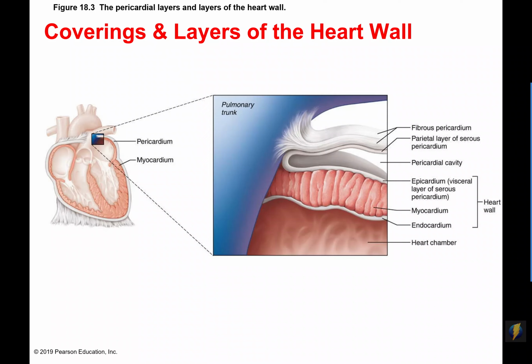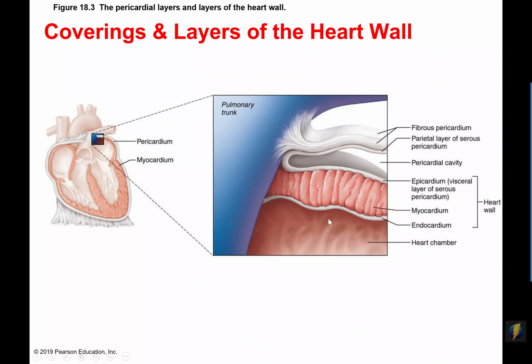The serous membranes have two layers: the parietal layer that lines the pericardium and the pericardial cavity, and then the visceral pericardium, or the epicardium, which clings to the heart itself. The space between the two is filled with a very liquidy serous fluid that reduces friction, because we've got the heart shoved in between the two lungs.